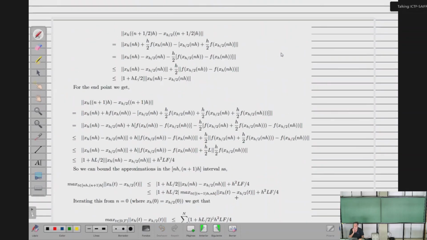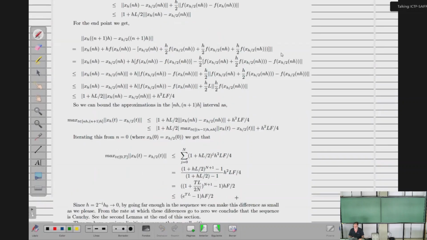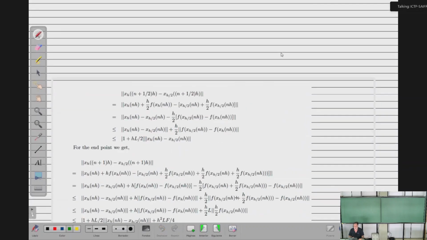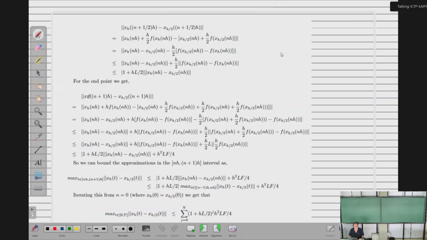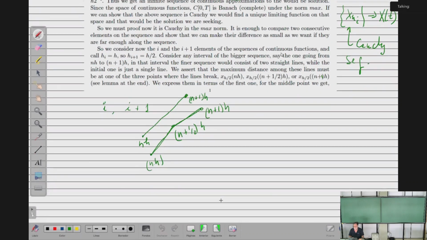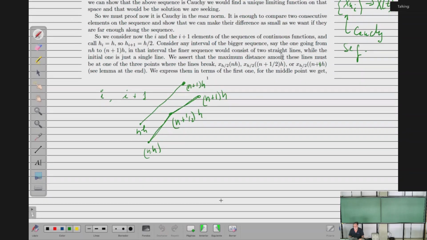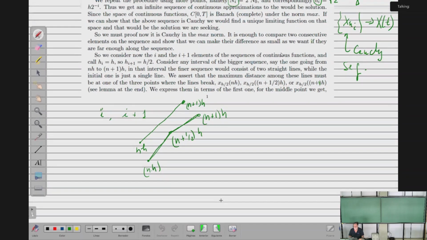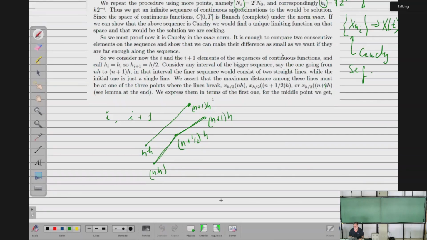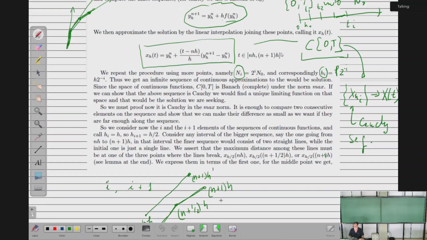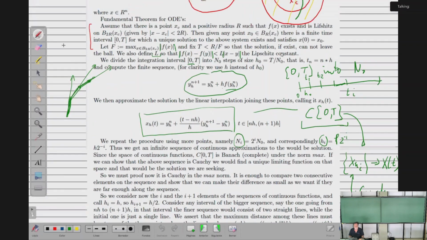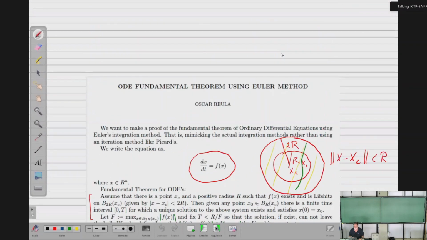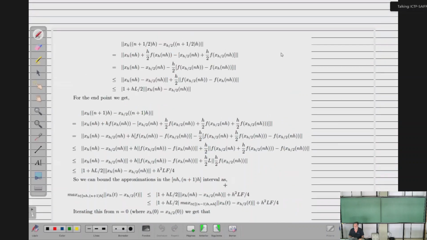So this is a very long calculation, but okay. I'm missing something here. I'm missing the first line of this.